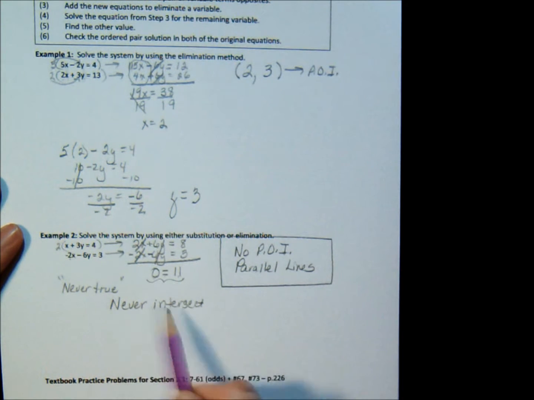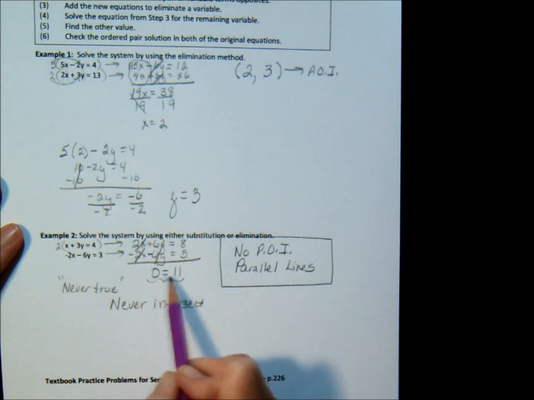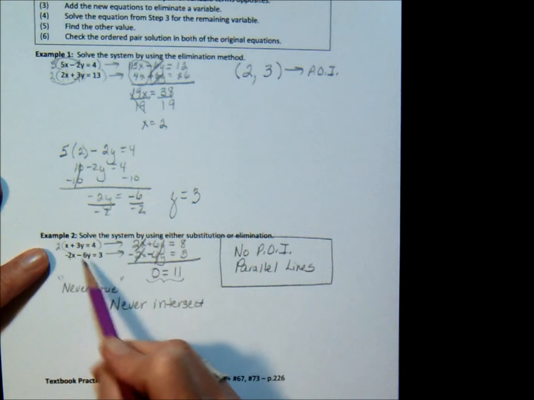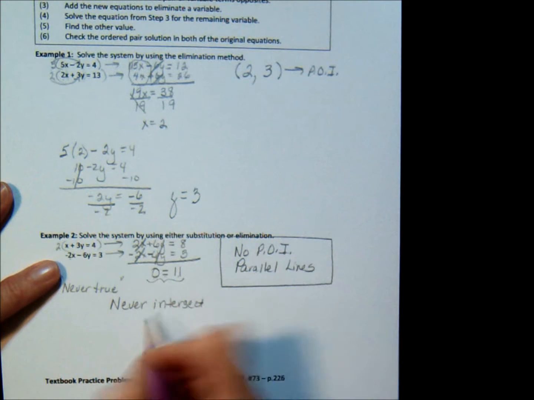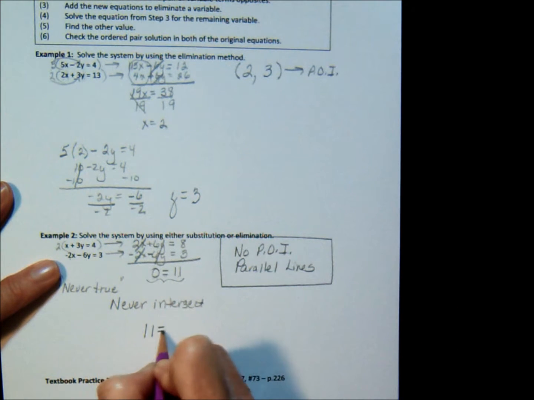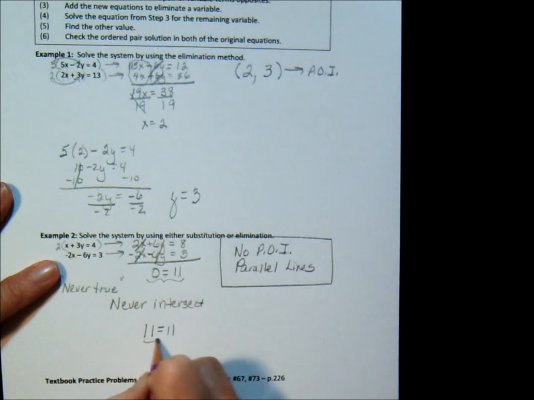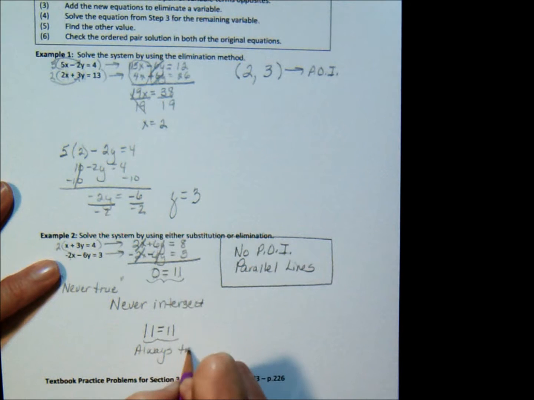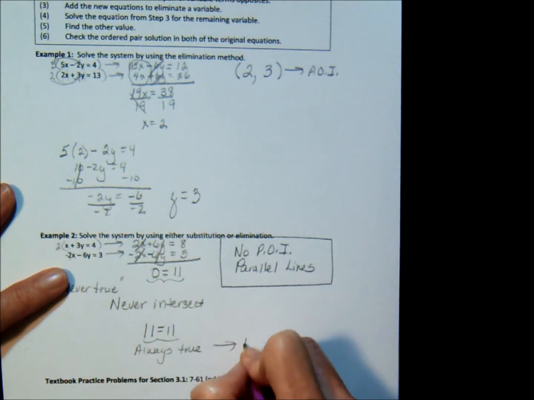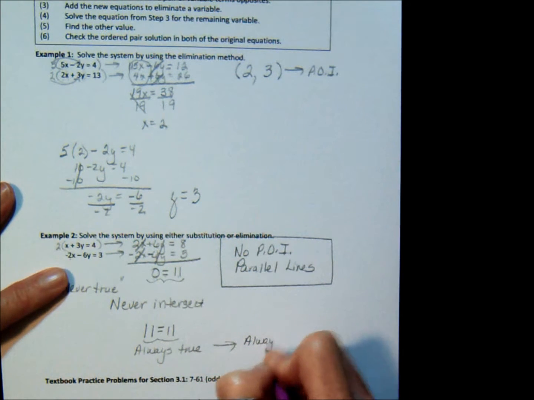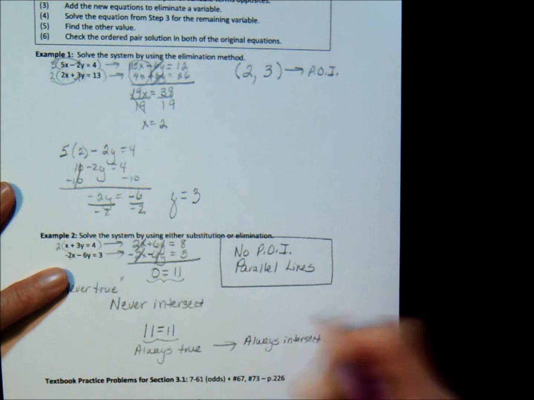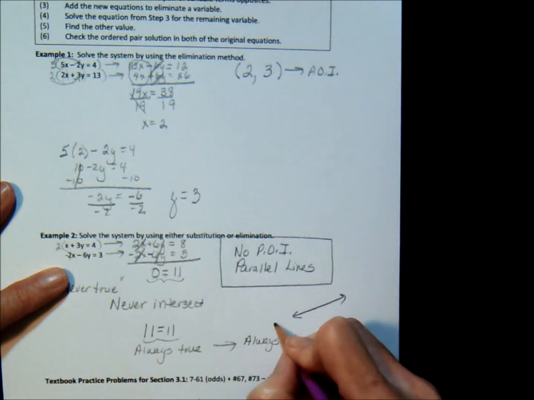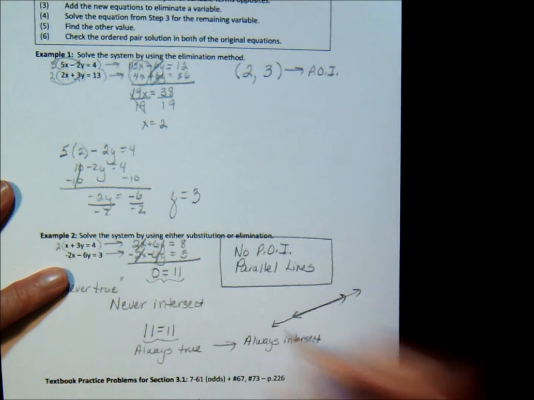Now, I'm not going to do a third problem, but sometimes you might get something in this kind of odd instance where, instead of 0 equals 11, you would get, say, 11 equals 11. Well, when is that true? That's always true. And the reason it's always true is because my two lines always intersect, meaning my two lines lie on top of each other.